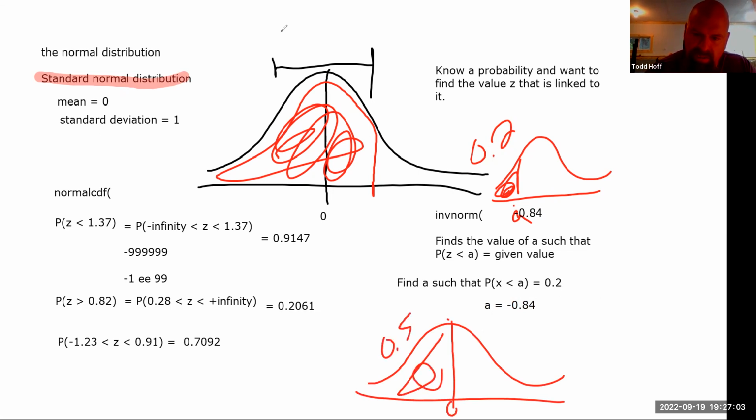And that center would be at 0. So if the probability of being to the left is less than 0.5, we have to have a negative value of Z. If it's more than 0.5, it'd be a positive value. Well, again, that command directly utilizes the probability of being less than that value.